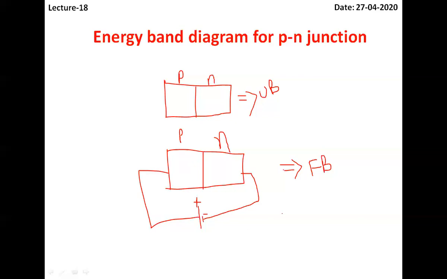For example, if you take a p-n junction like this, with p-type material here and n-type material here, in this case the p-type material is connected to the negative terminal of the battery, and on the other hand the positive terminal of the battery is connected to the n-type material.